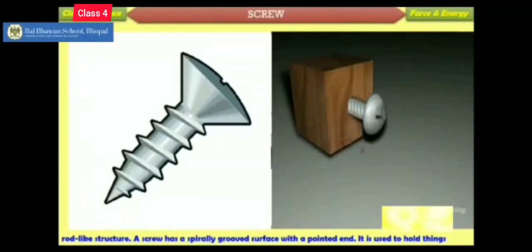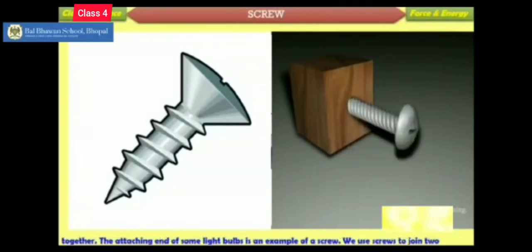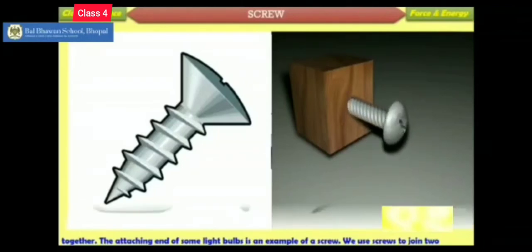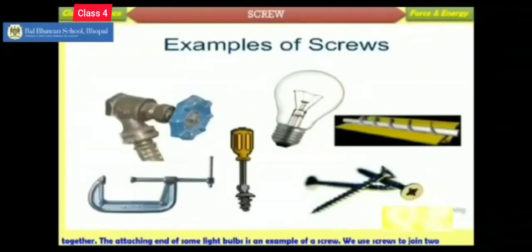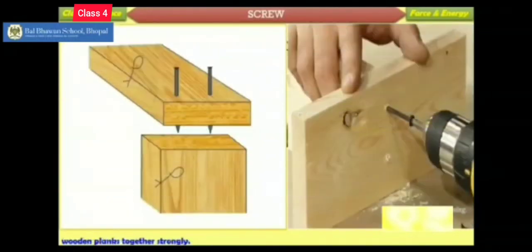Now you can see in the picture it is joining that wooden piece. Some examples of screw are light bulbs. Then we use them to join planks. These planks are joined together by screws.